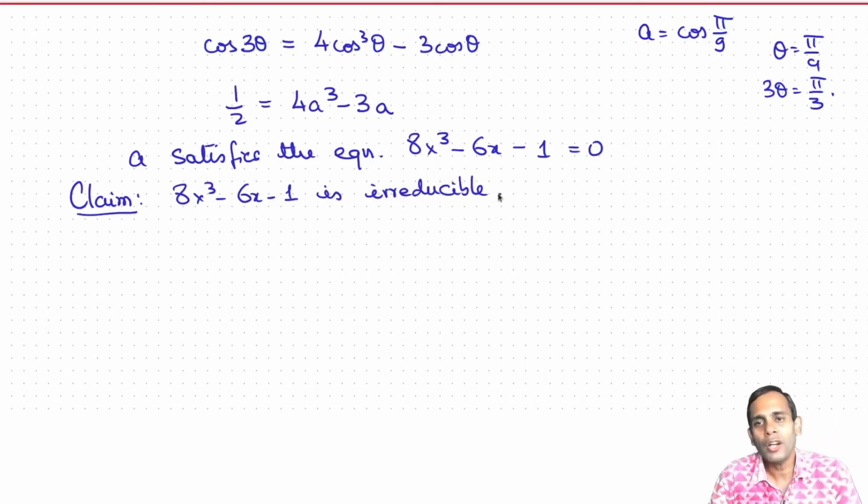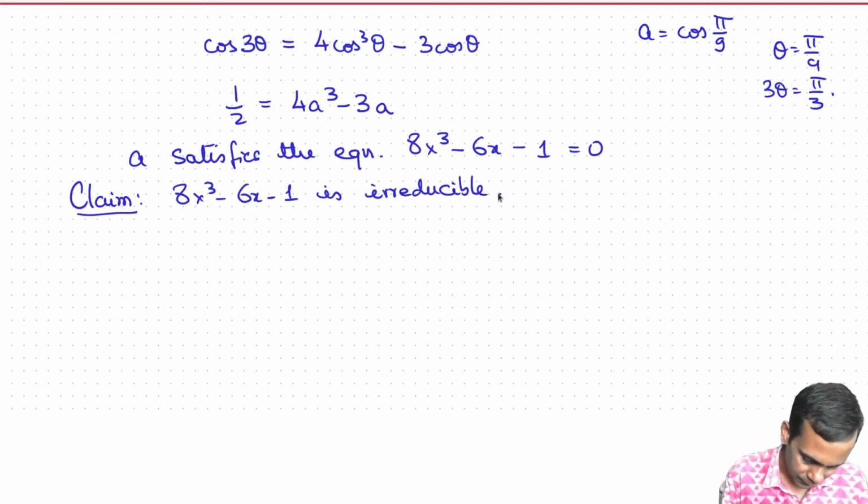Now, if it were not irreducible, it would have at least one linear factor, because any factorization would either be into a polynomial of degree 2 and a polynomial of degree 1, well, there's no other possibility, or 3 polynomials of degree 1, but it would certainly have a linear factor.